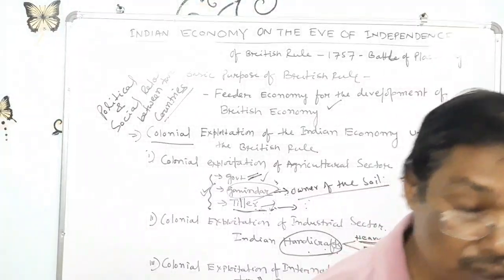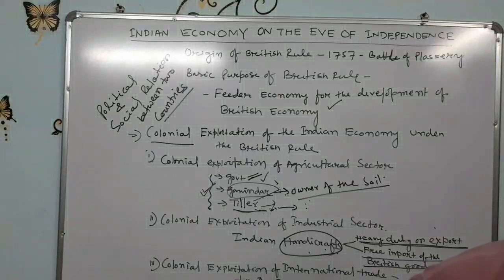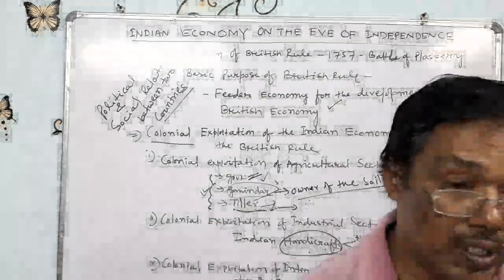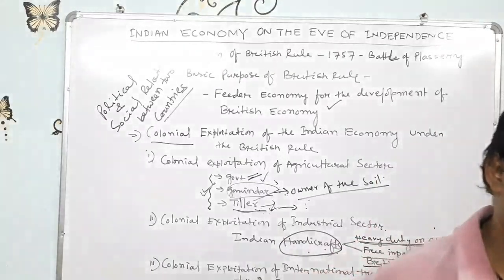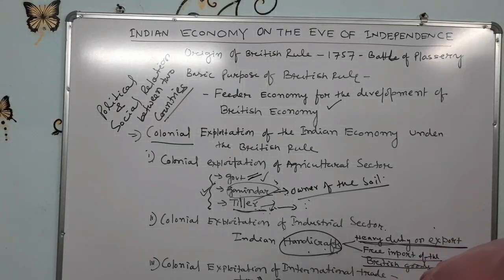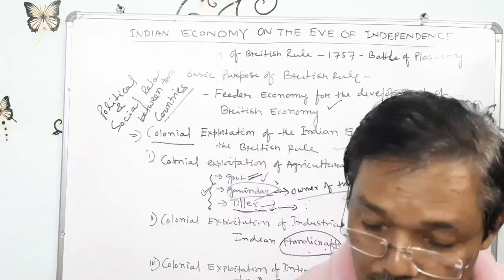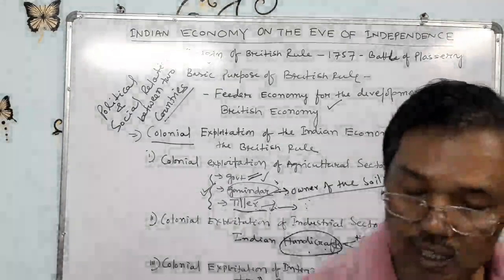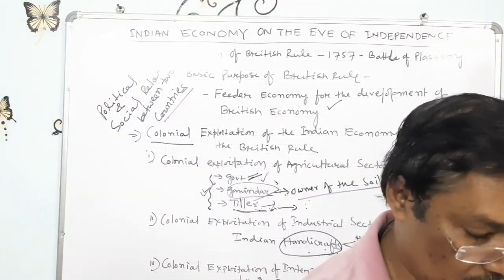These were the conditions during the British period, why our country became dependent, and how our self-sustained growth was destroyed by the Britishers. That we'll discuss on the eve of independence.